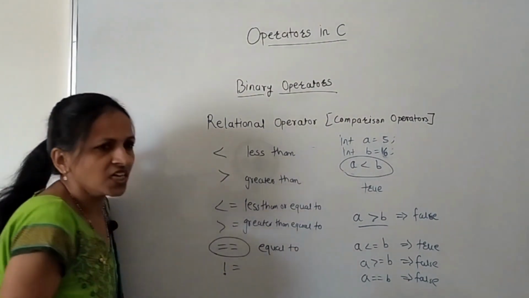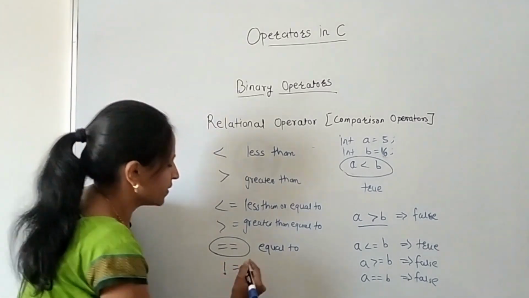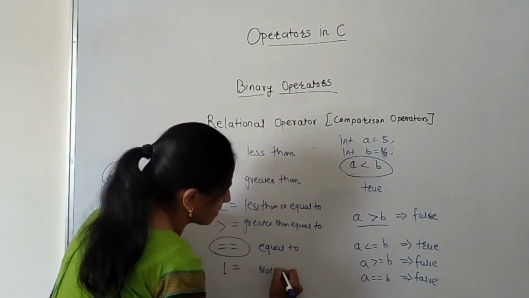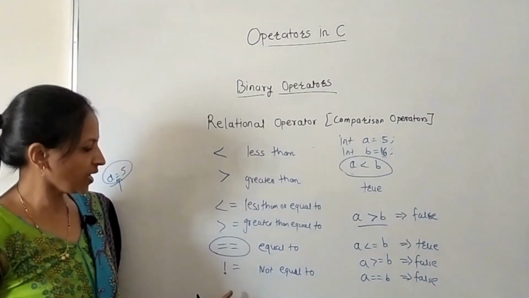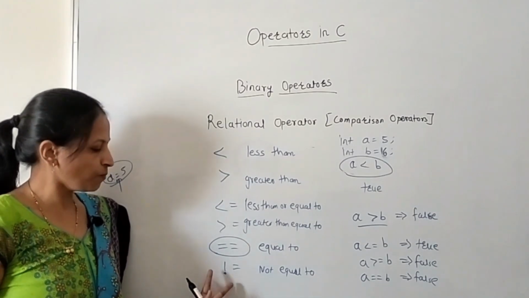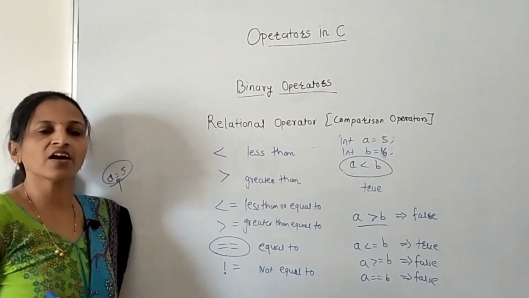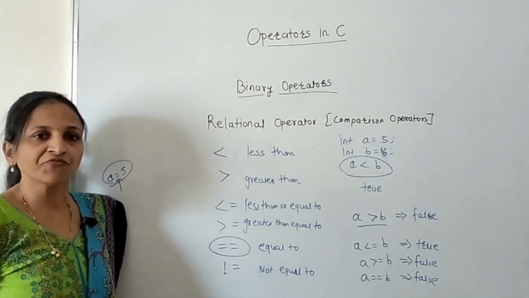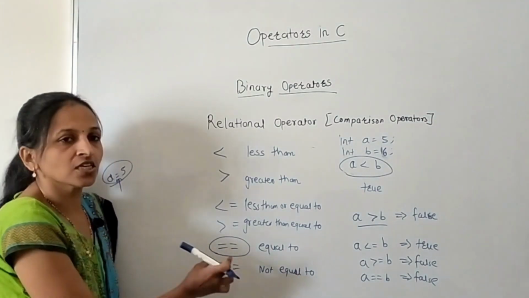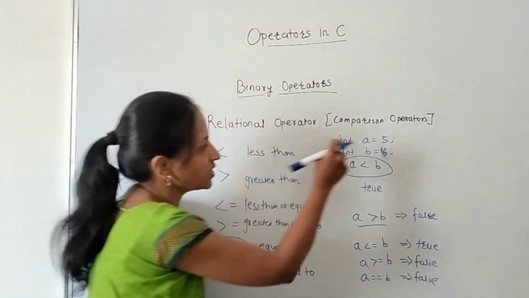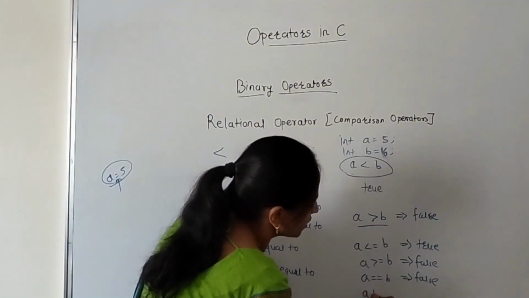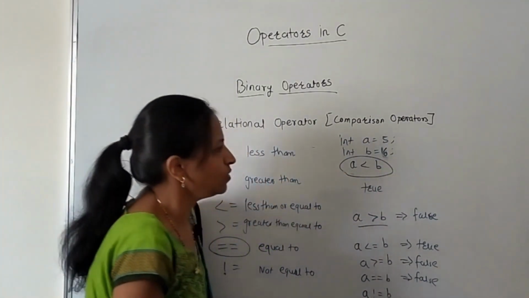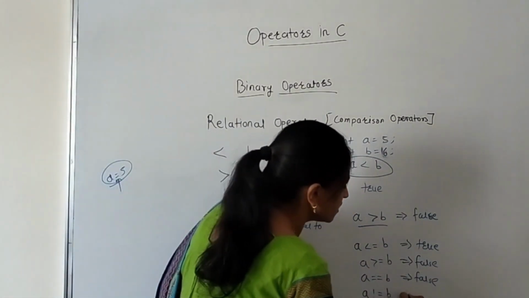It checks inequality between two operands. If the two operands have different values, then it will return true. Here a is 5 and b is 6, so this will return true.